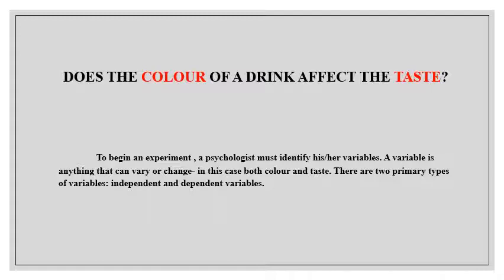If we are behaving in a certain way, then there has to be a cause. Yes? So that is being proven by the experimental method, whether there is any relationship that exists between a cause and an effect. For example, does the color of a drink affect the taste?